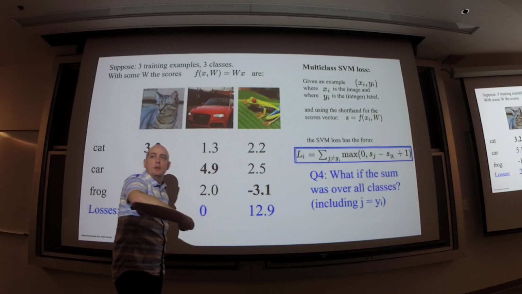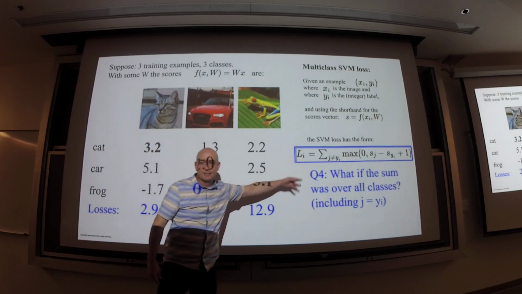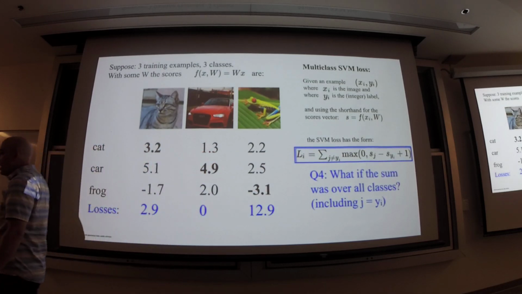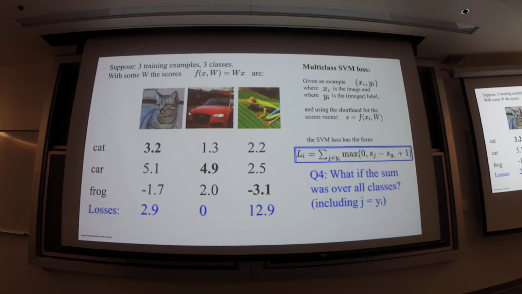So there would always be a 1 in each of these Lis. The minimum loss would no longer be 0. It would be the average of all those 1s, so it would be 1. You could do that, but it's just sort of like, why? It wouldn't change anything really. You just shift the loss by 1.